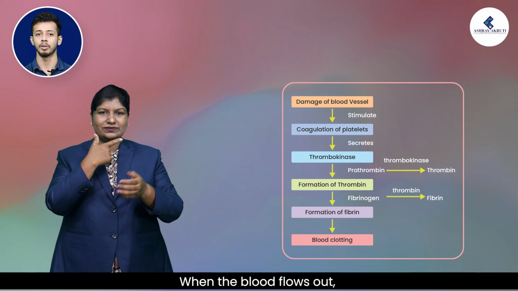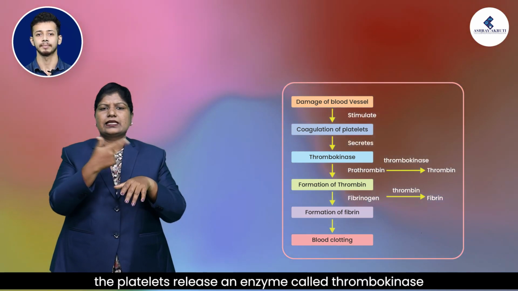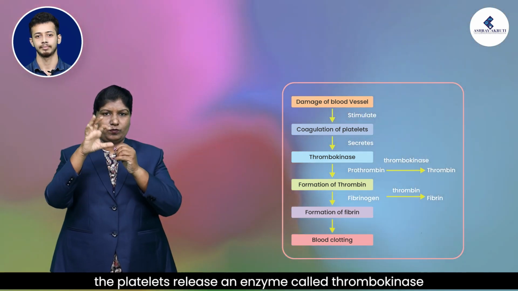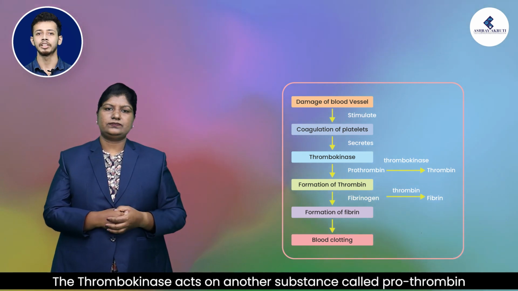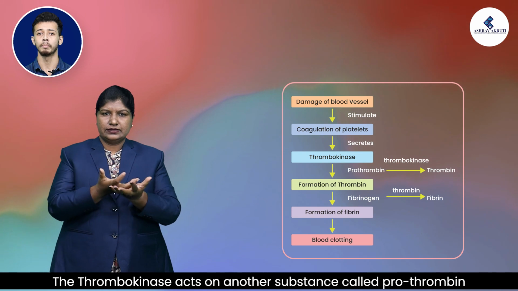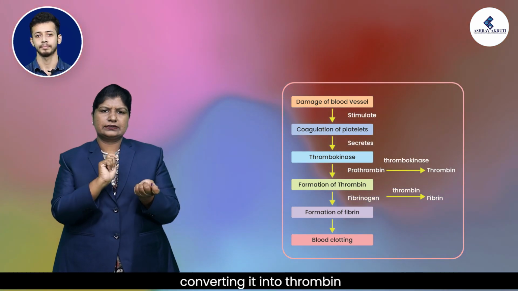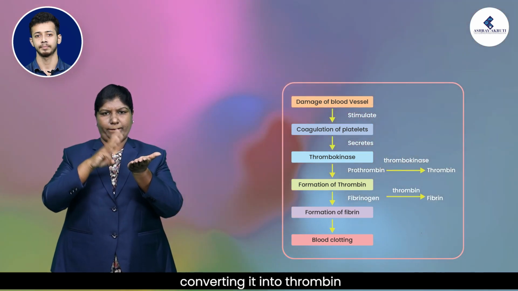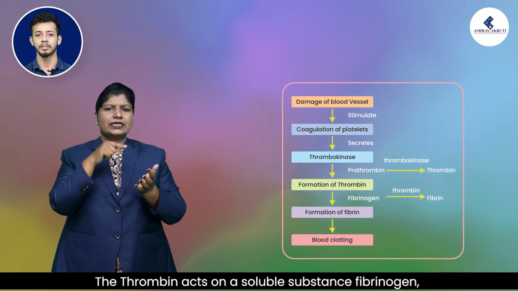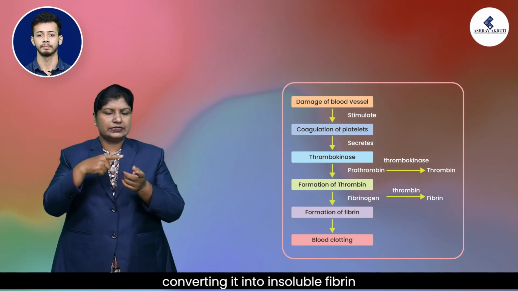When the blood flows out, the platelets release an enzyme called thrombokinase. The thrombokinase acts on another substance called prothrombin, converting it into thrombin. The thrombin acts on a soluble substance, fibrinogen, converting it into insoluble fibrin.